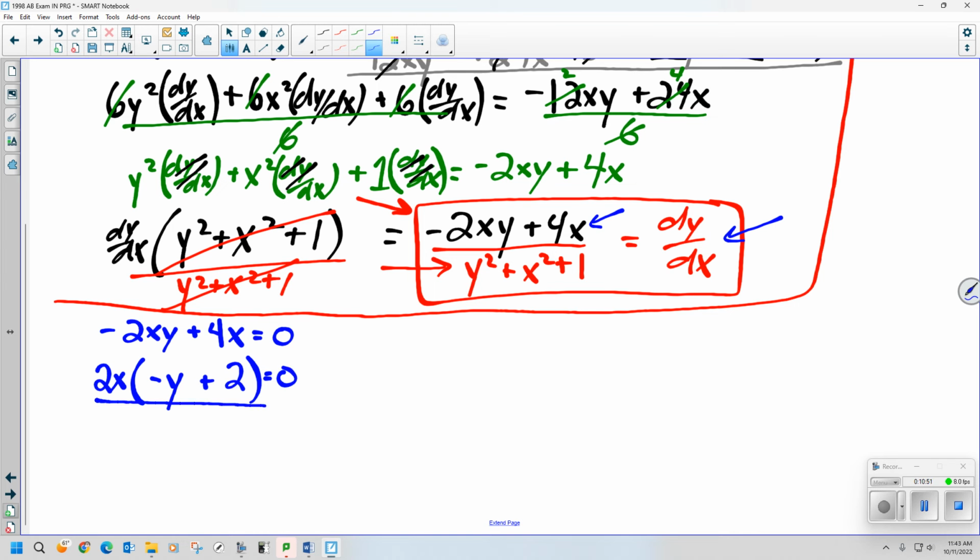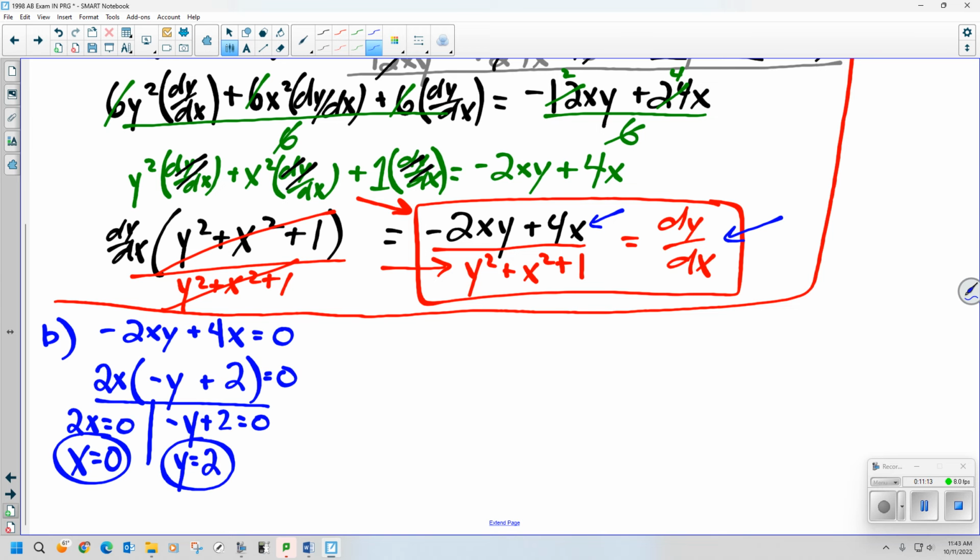If I set each one of those equal to 0, 2x equals 0 happens when x is 0. And then negative y plus 2 equals 0 means y has to equal 2. That happens at y equals 2.